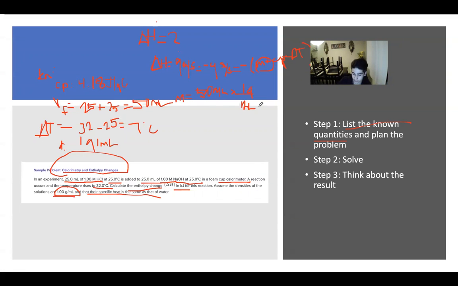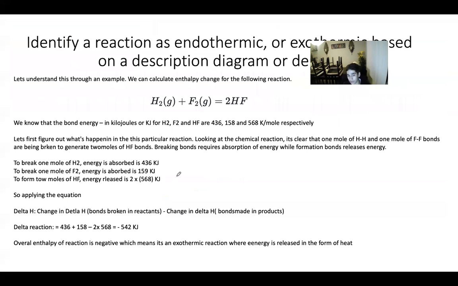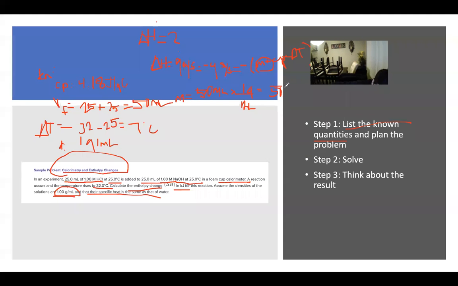You just have to switch the units here, but it's literally 50 grams. Your mass is your volume times 1 gram per milliliter, which is your density, so 50 grams. And now you have complete information.